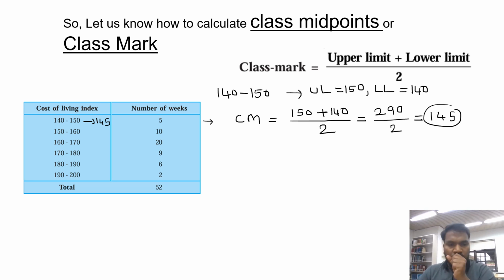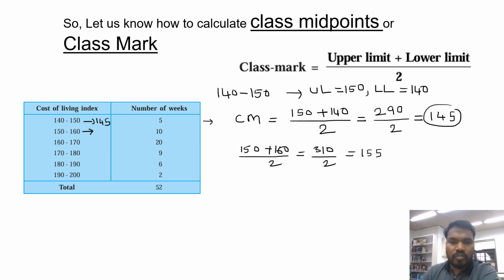And similarly, if we find here, 150 plus 160 divided by 2, which is equal to 310 by 2, so how much will you get? 2 ones are 2, 2 fives are 10, right? So 155. Then the next ones are very easy to write down.